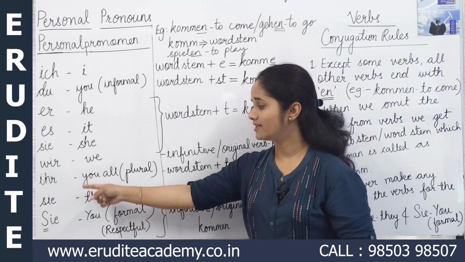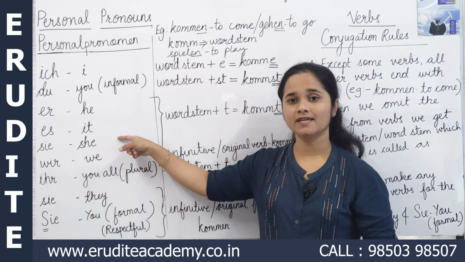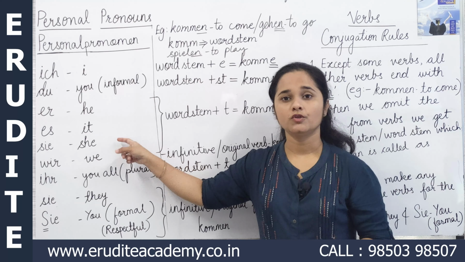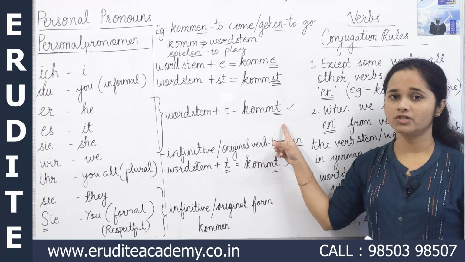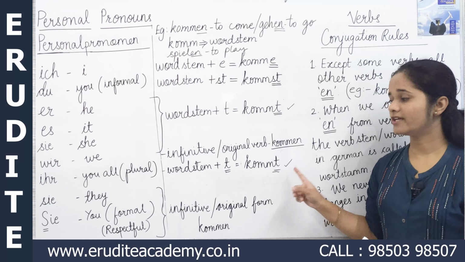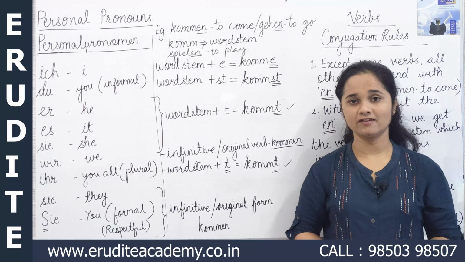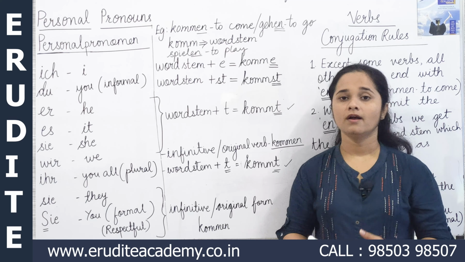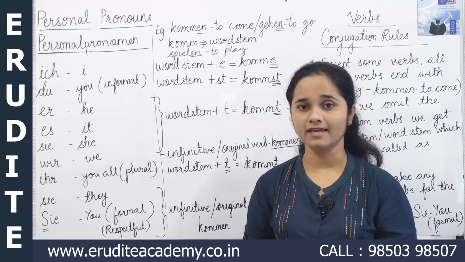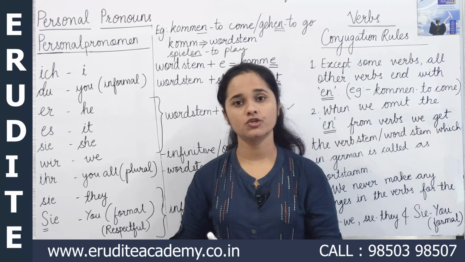But for sie, that is they, and sie, which is she, you will see the changes in the conjugations, which will actually help you to know whether it is the she form or the they form.